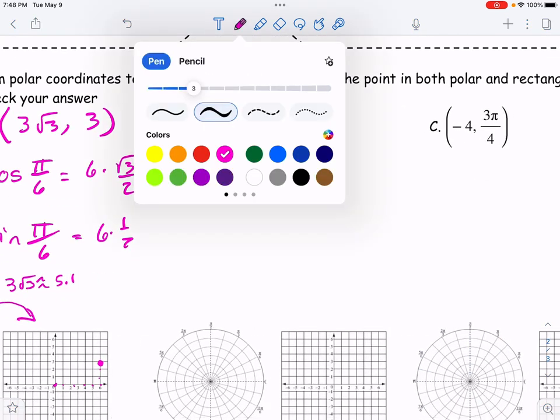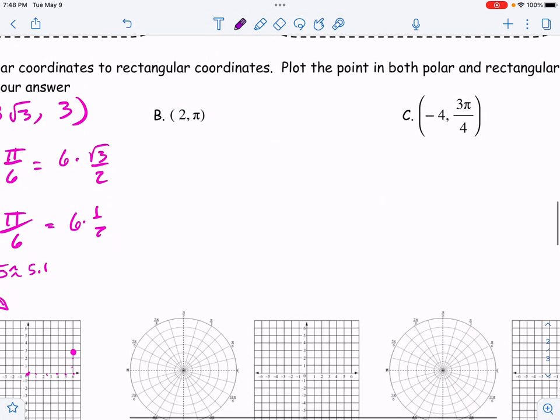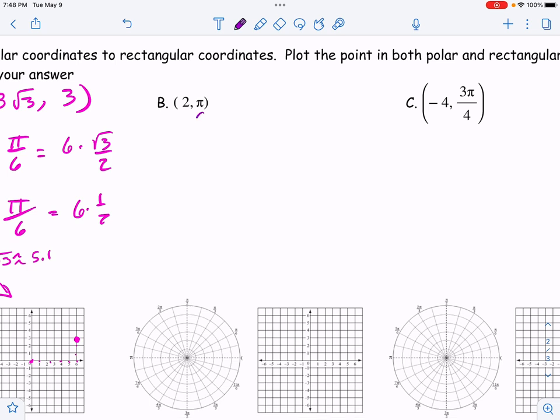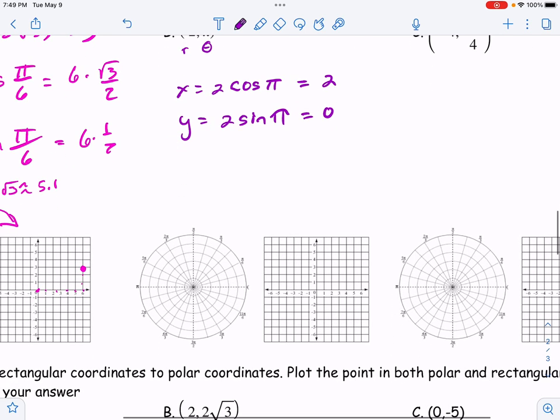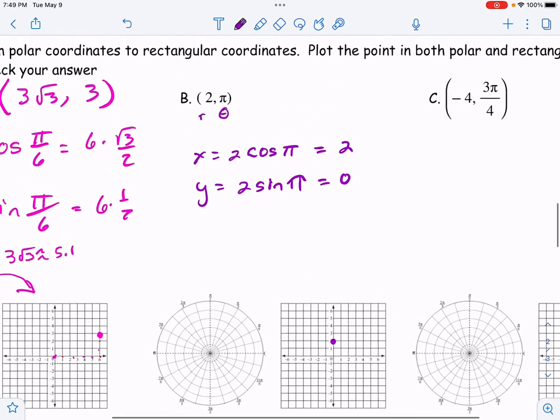Okay, let's try this one. This is theta. This is r. So we know x is equal to 2 times the cosine of pi, and y is equal to 2 times the sine of pi. Well, the cosine of pi is negative 1, so that equals negative 2. The sine of pi is 0.